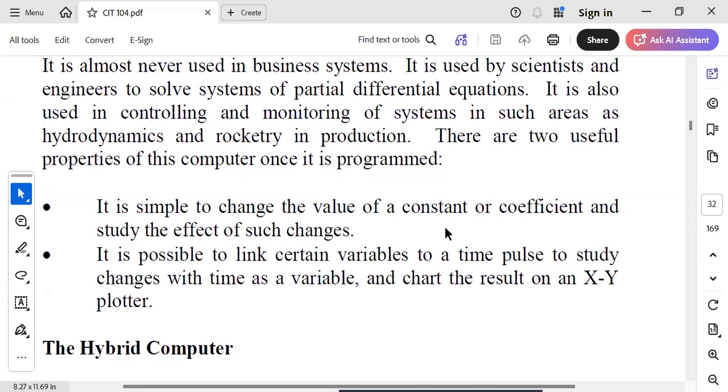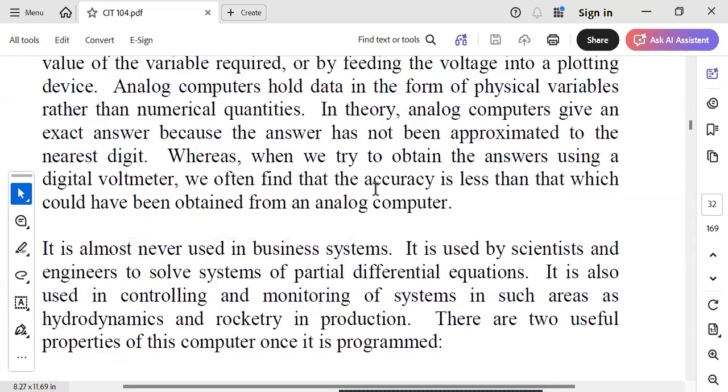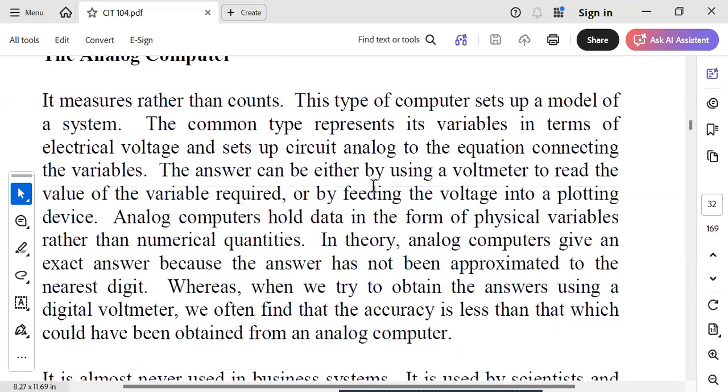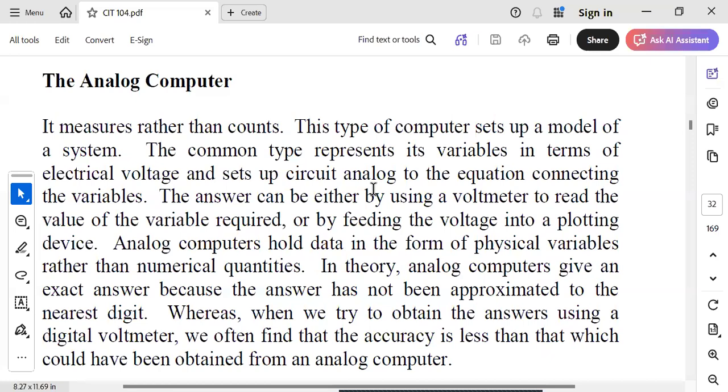What is the topic sentence? The topic sentence should be: it measures rather than counts. This type of computer sets up a model of a system.